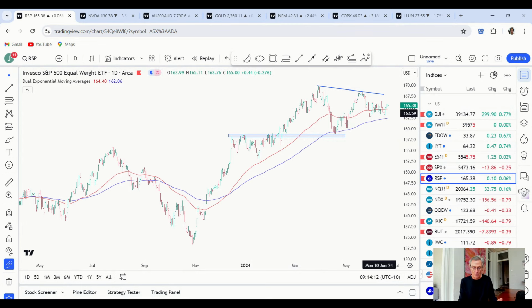Now, I'm not the only one pointing this out. I've seen around other sources of commentary where you'll have an analyst coming on, they point out there's a lack of breadth in the market. A lack of breadth is when you have a small number of stocks really driving prices. So others are pointing that out. And what's interesting is that what I've been noticing more and more over the last week or so is that when people are pointing out what I'm doing now, that there's a lack of breadth, the equal weight's not confirming, the Dow's not confirming, they tend to be met more and more with ridicule.